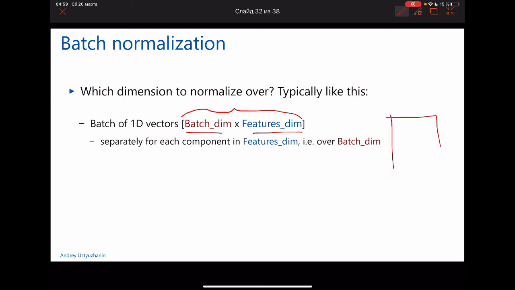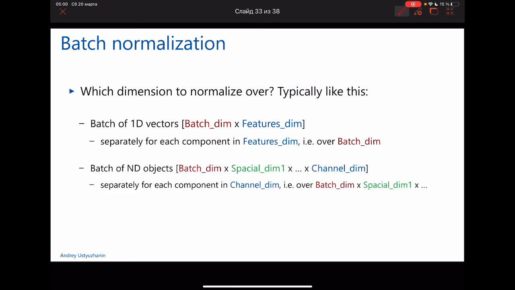Thus you can separately normalize in the batch along every feature, F1, F2, and this is the batch size. You can normalize either individual components, or you can normalize the whole vector.